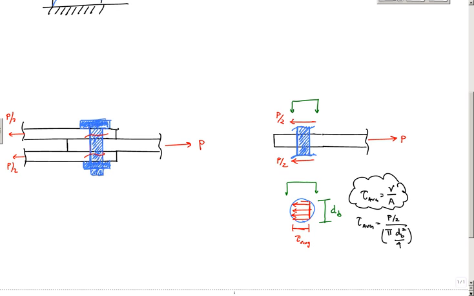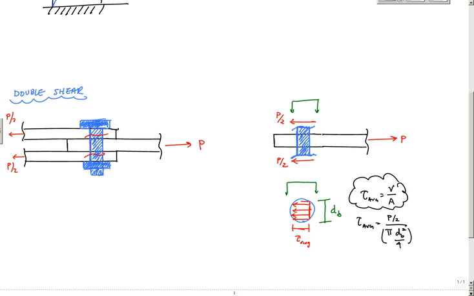Okay, so now that we have a feel for what the average shear stress is, let's talk about some simple connections. This connection here is called a double shear connection. The reason it's called double shear is because it has two planes of shear.